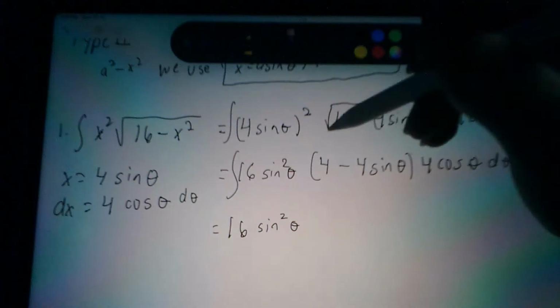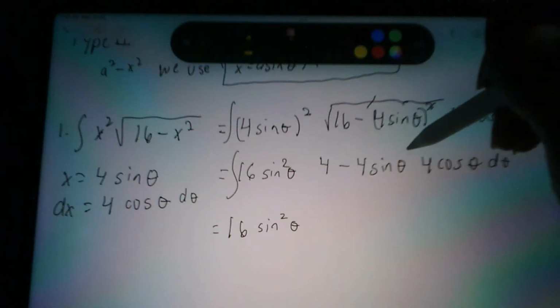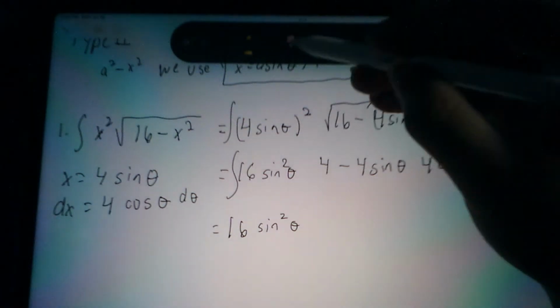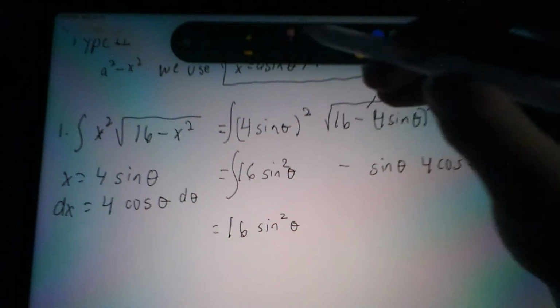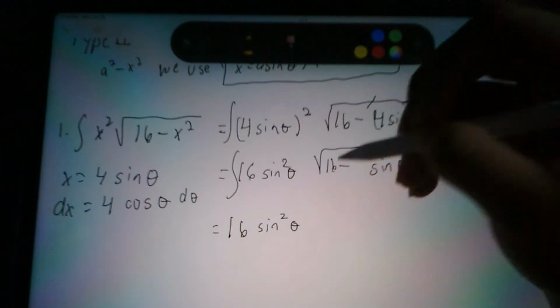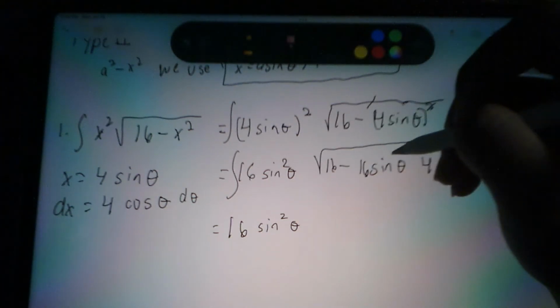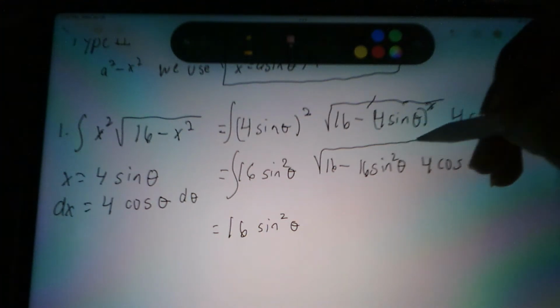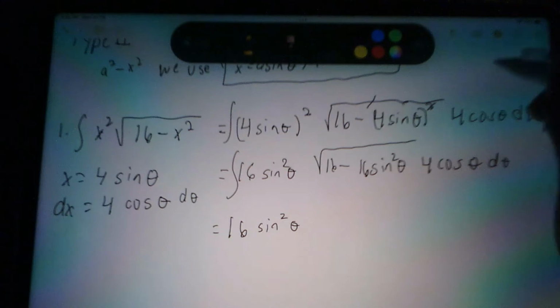No, let's not simplify this, this is wrong. So the square root of 16 minus 16 sine squared theta.